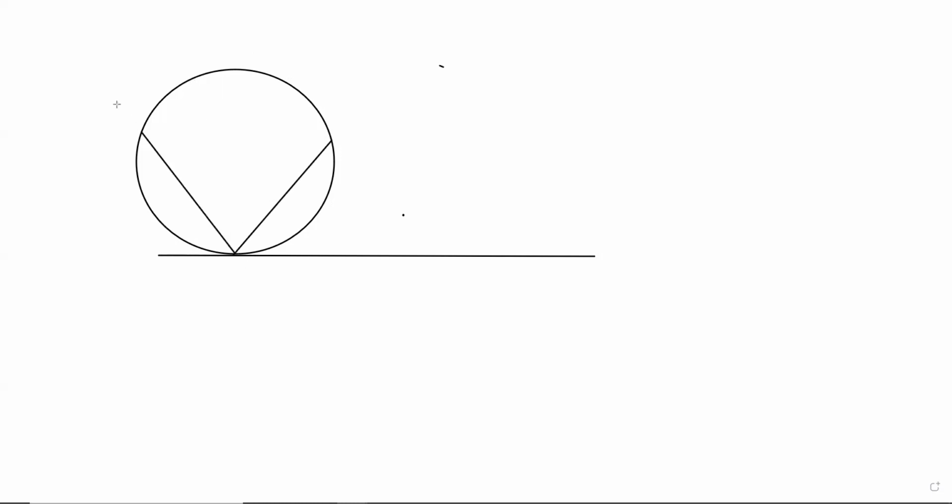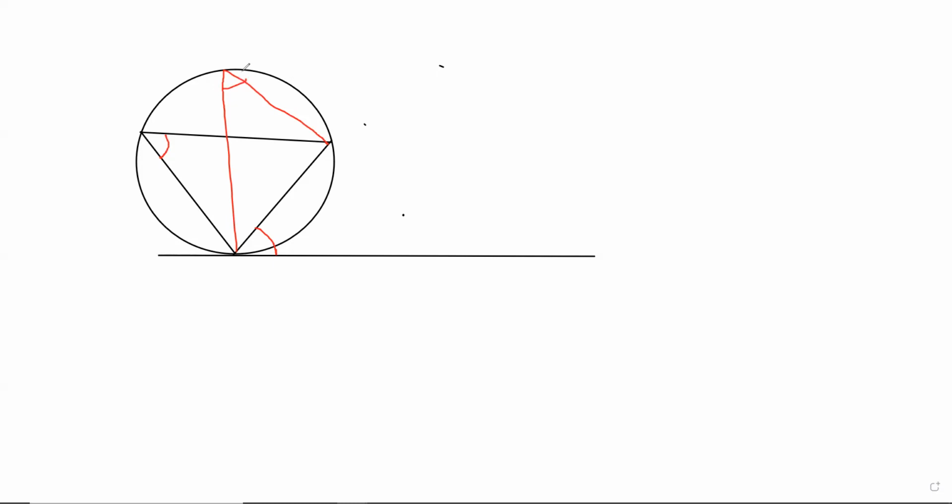The angle subtended by the chord and tangent is equal to the angle subtended in the opposite segment. Why do they say opposite segment? Because you take any triangle in this segment and you'll get the same angle.